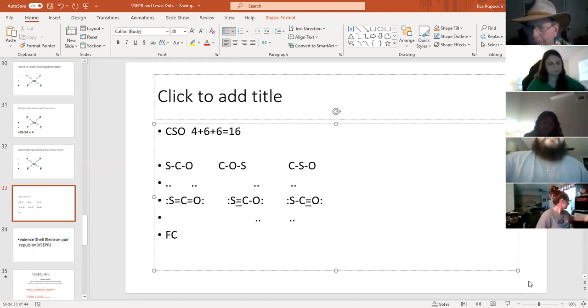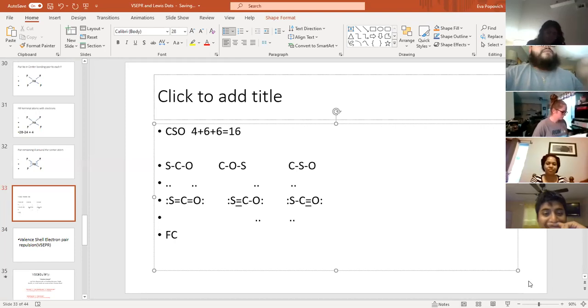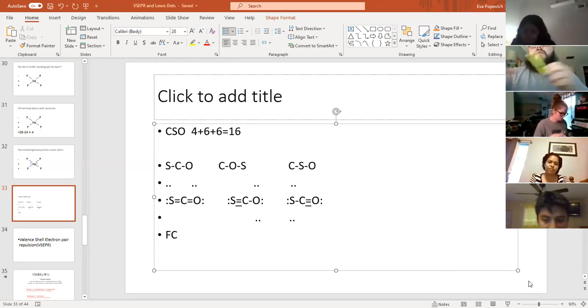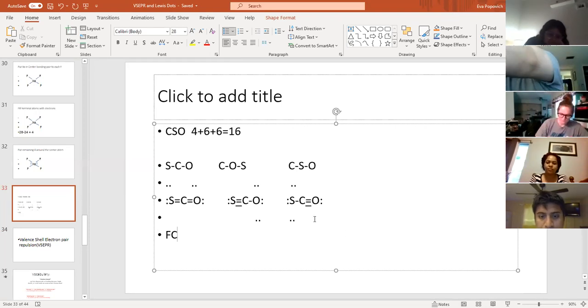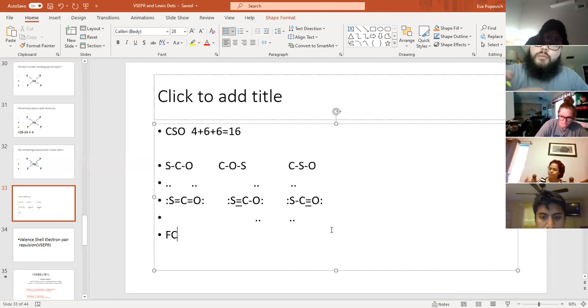And who's left? Madison, Ramiro. Is that all that's here right now? Anybody whose name I did not call? I want you to do the formal charge on the sulfur, carbon, and oxygen on the right one. Okay? Do that. I will be right back.